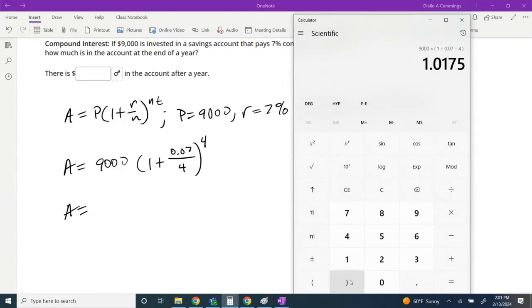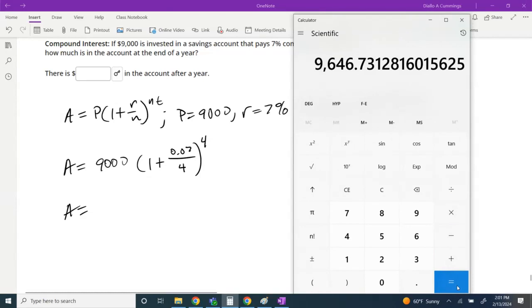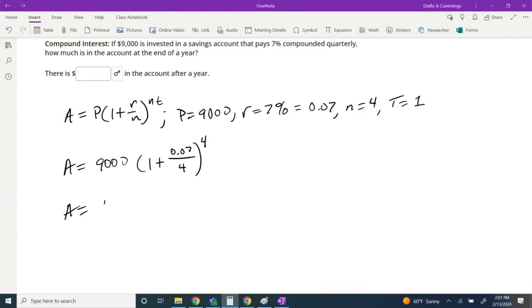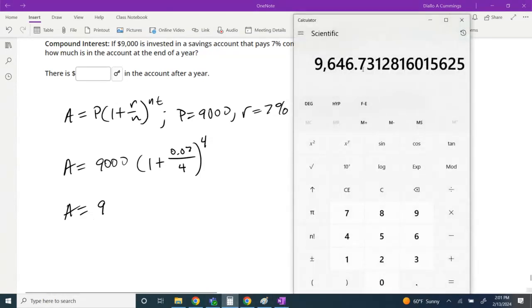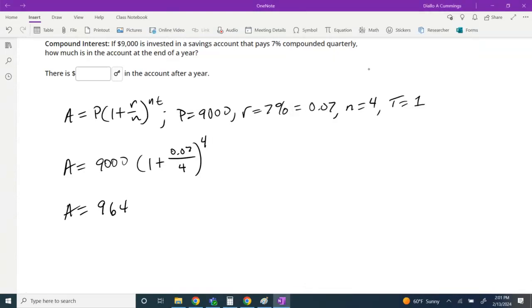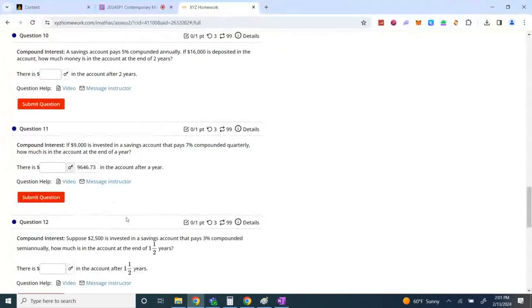I'm going to close off that set of parentheses, and I'm going to raise that to the 4th power. Right, so we get $9,646.73. So the amount in the account after 1 year should be $9,646.73.